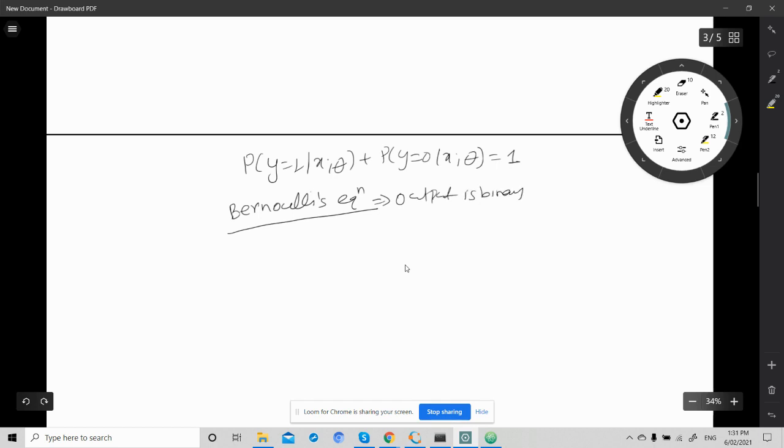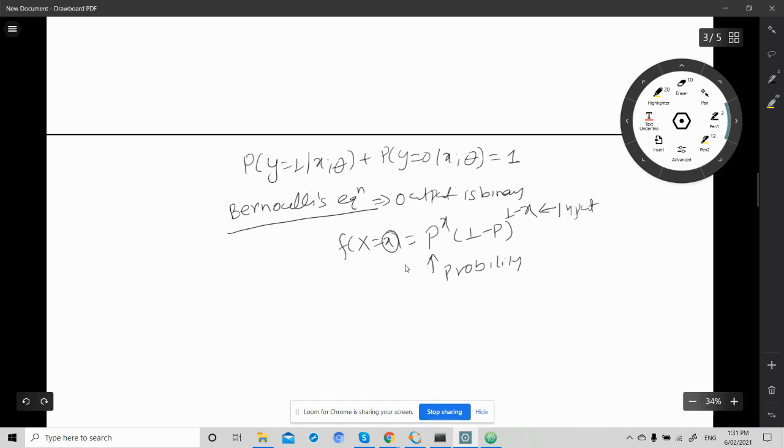So if we look at Bernoulli's equation, what our equation says is, if x is equal to x, then we have p to the power x times 1 minus p to the power 1 minus x, where p is probability and x is my input parameter.